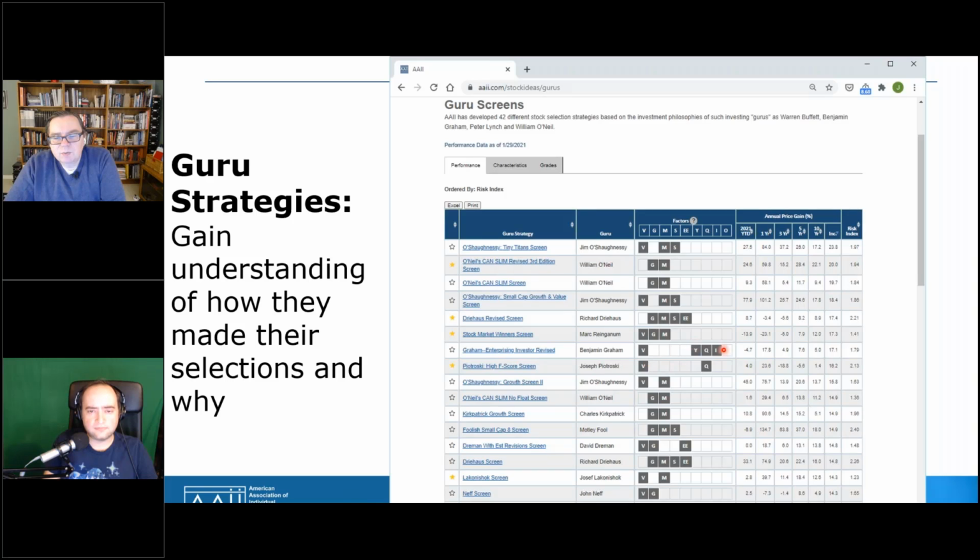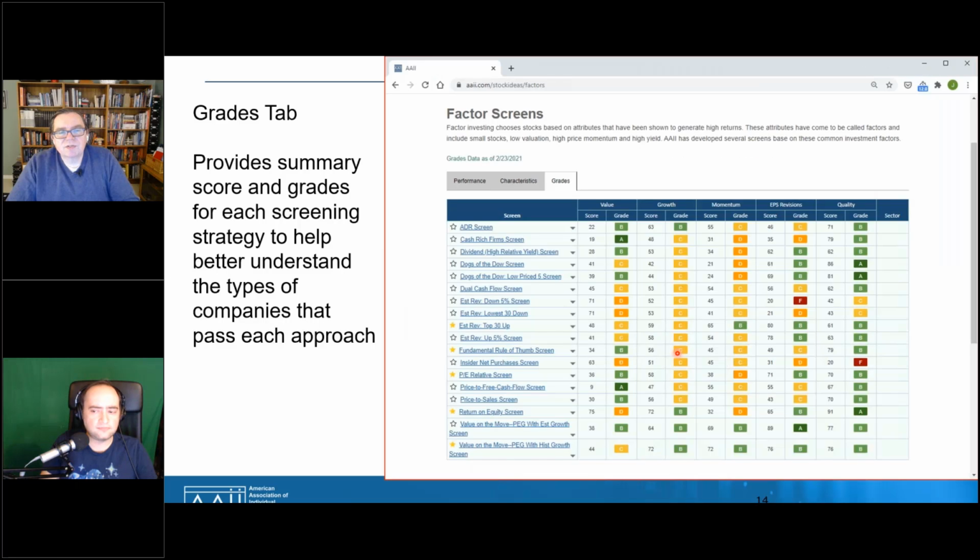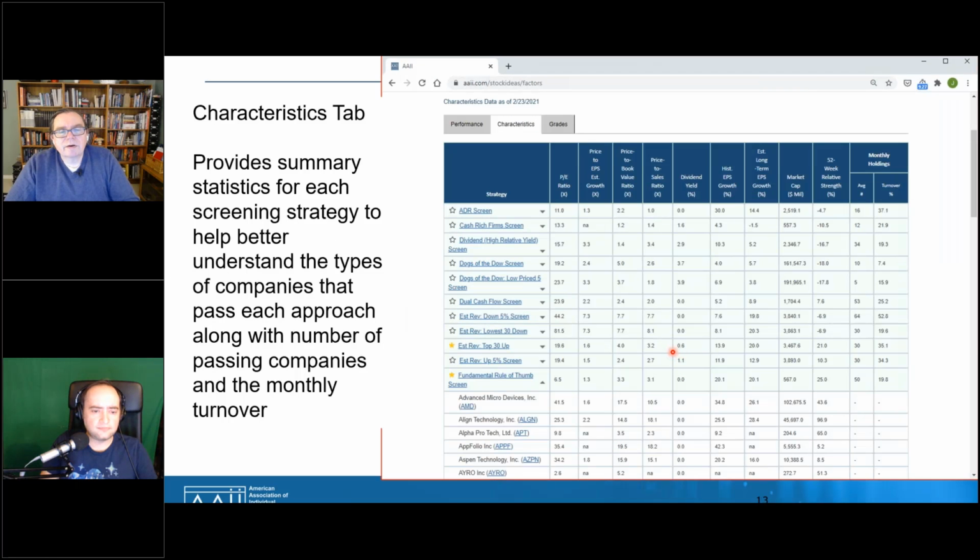So these will help point to some very broad element considerations of the types of factors they look at if you're value or growth focused. And secondly, if you look at the characteristics, that'll also tell you whether or not the companies that pass that particular screen tend to be more on the pricey side or growth side, as well as the grades.